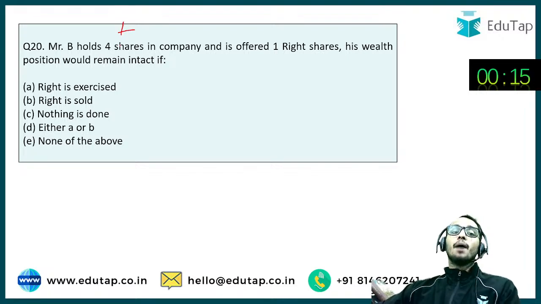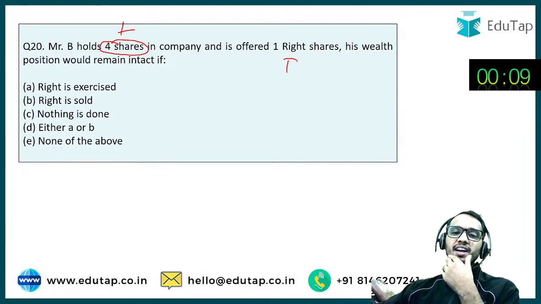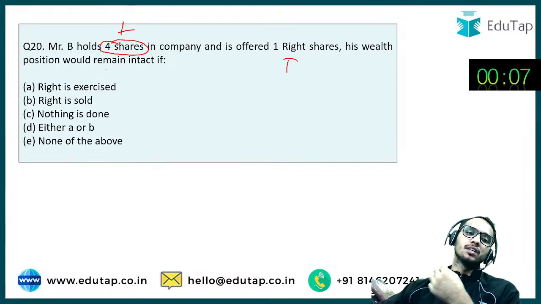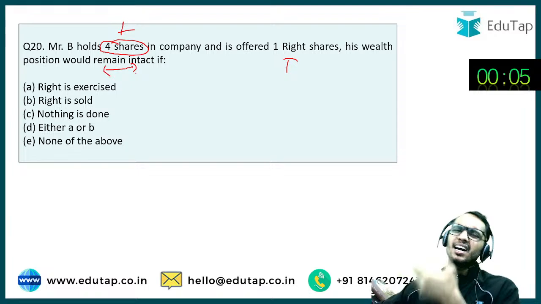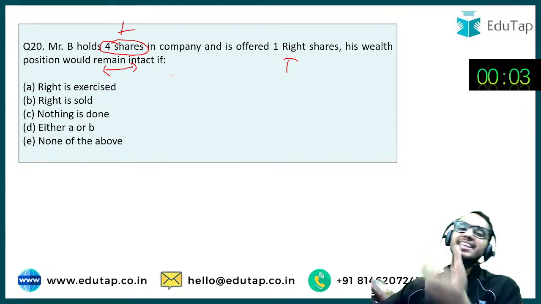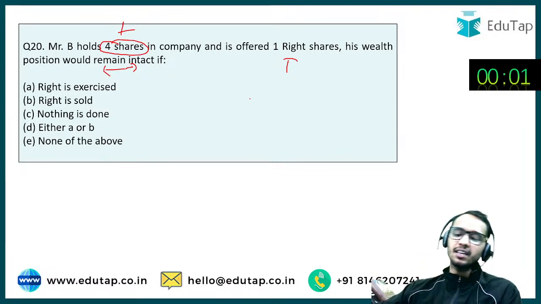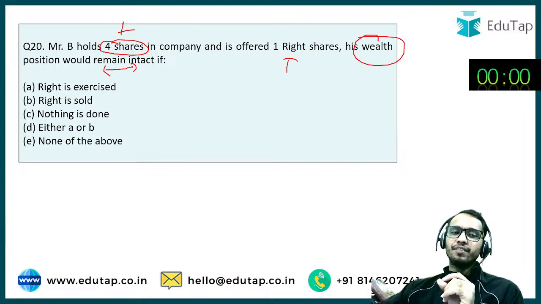It says Mr. B holds 4 shares in a company and is offered 1 right share. His wealth position would remain intact. Yes, it would remain intact, obviously. Wealth remaining intact basically means you will not have any profit or loss, so don't confuse wealth position with something else.